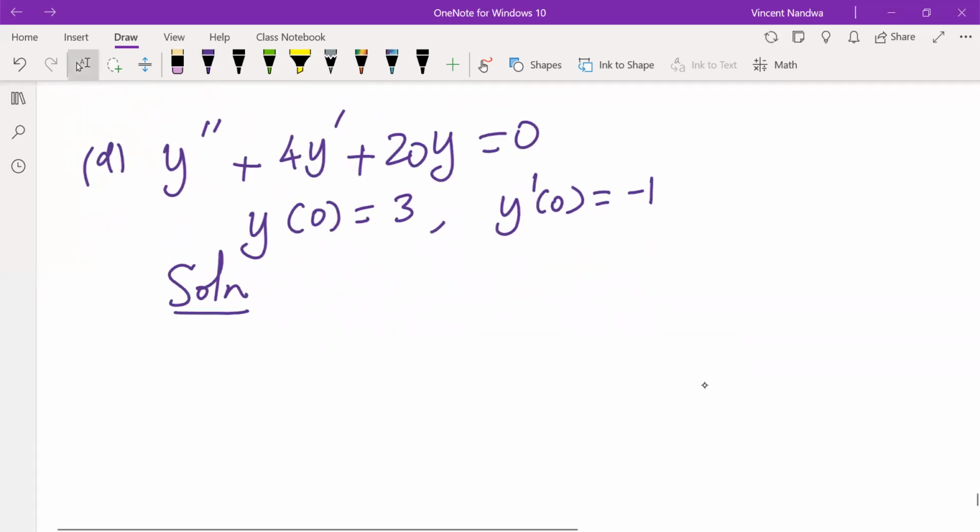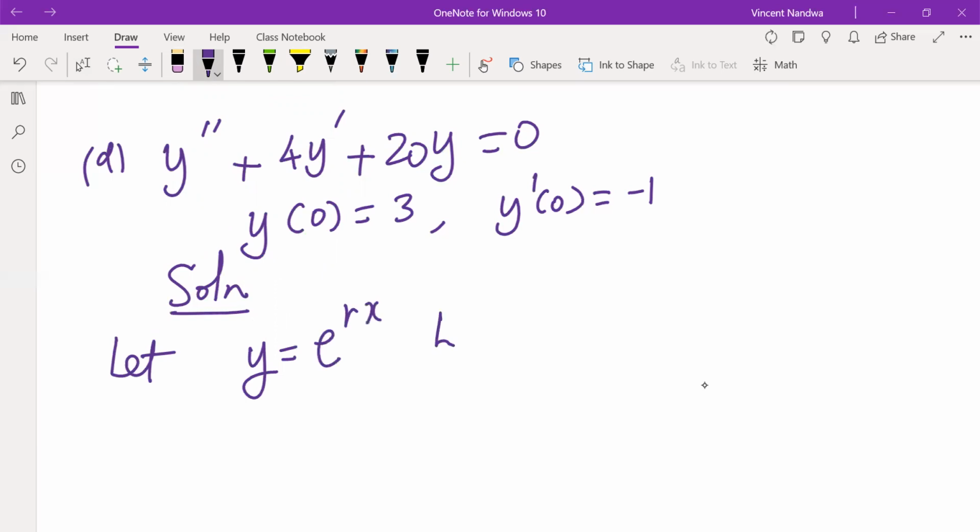Solution. So the first thing, let's get the general solution. So let y equals e raised power rx be the solution.